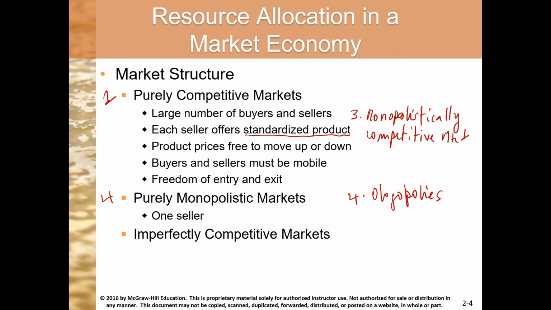The second condition is that each seller offers standardized products, and this is the most sticky and real one. A standardized product is a product that cannot be differentiated. So basically, milk is milk usually, or organic milk is organic milk. A standardized product is one you cannot differentiate regardless of who is producing it.